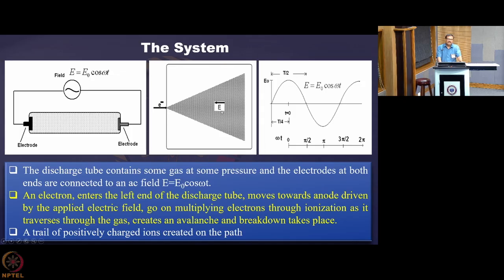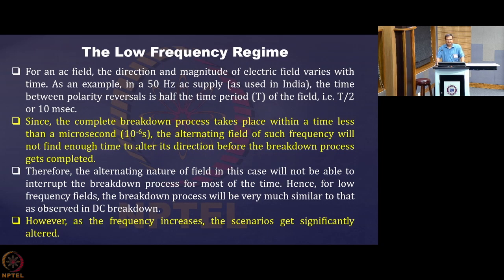The ions are created, and they are left like that, and whatever electrons are created at that time get collected by the positive electrode which exists at that time, because in an AC field the electrodes are alternating their polarities. Okay. So we have an electric field E equal to E0 cos omega t. Now we come to this. For an AC field, the direction and magnitude of the electric field varies with time, as I had told you.